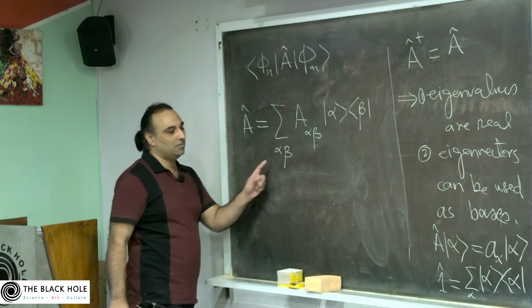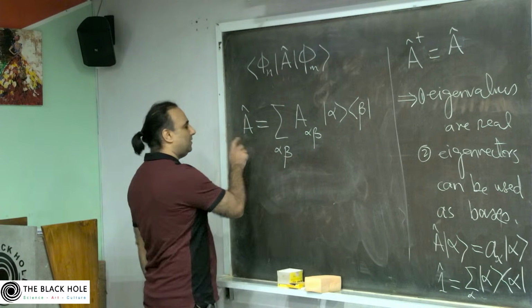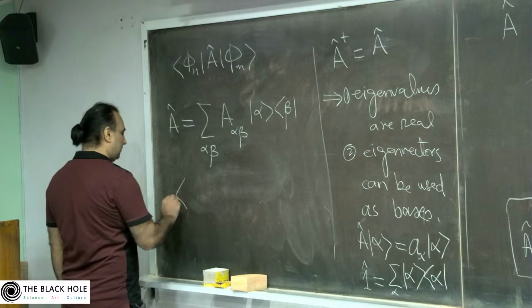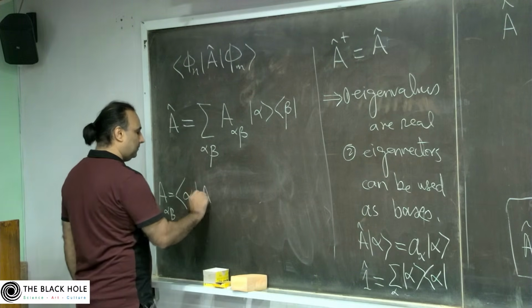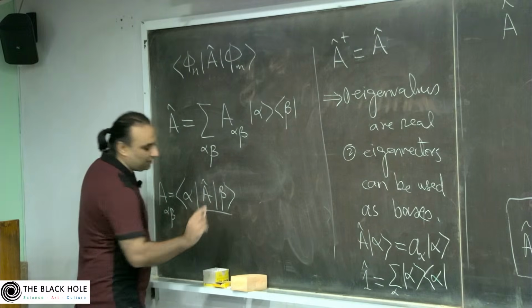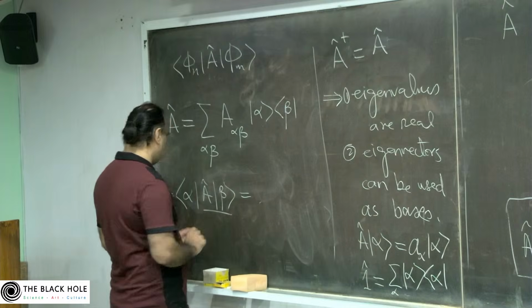If we choose these states to be eigenstates of this operator, then we can operate this on that and simplify this matrix element expression.